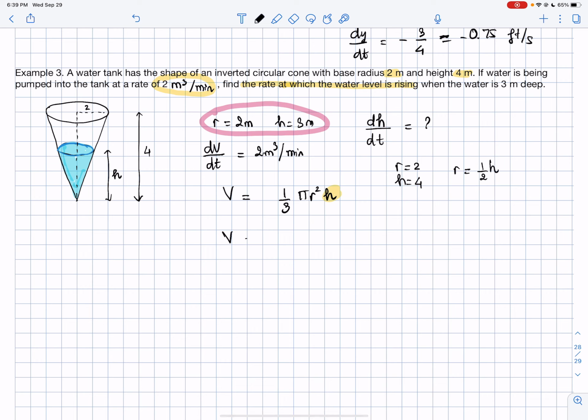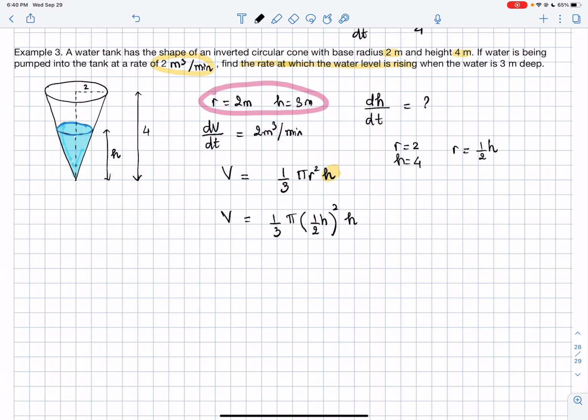Then I'm going to replace r with 1/2 h, squared, and then times the height. And then it equals pi over 12 times h cubed.